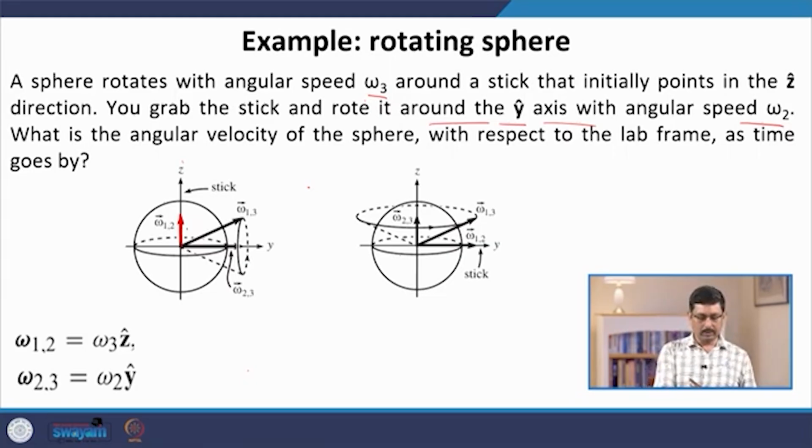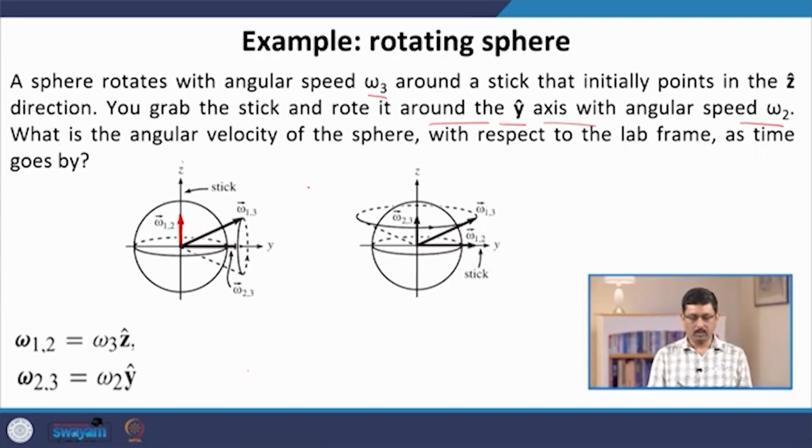Now, what you do is grab this stick and start rotating it around the y axis with angular speed w2. So, this is the stick which is now rotating about the y axis with a speed w2.